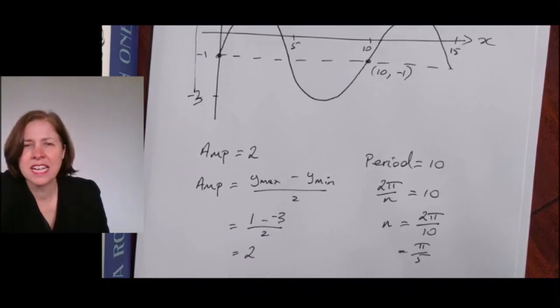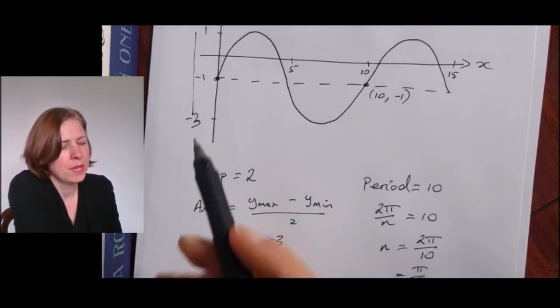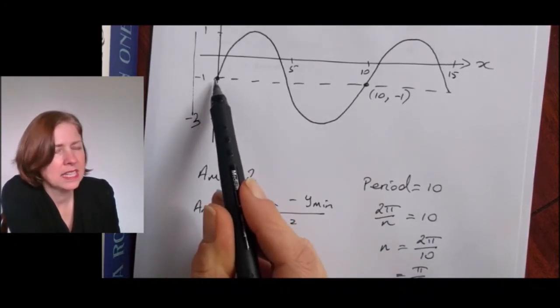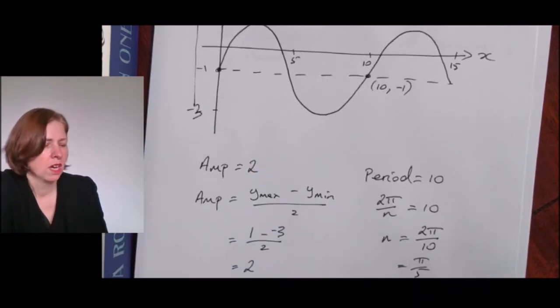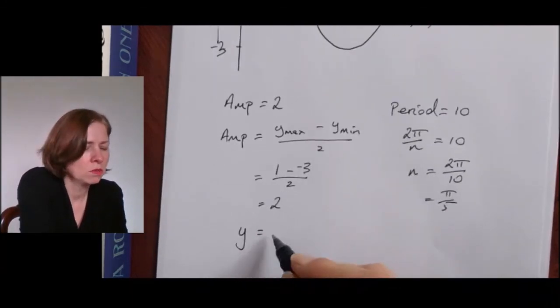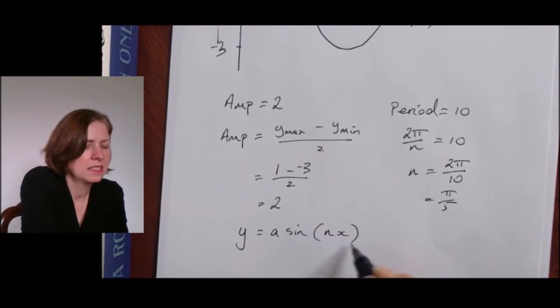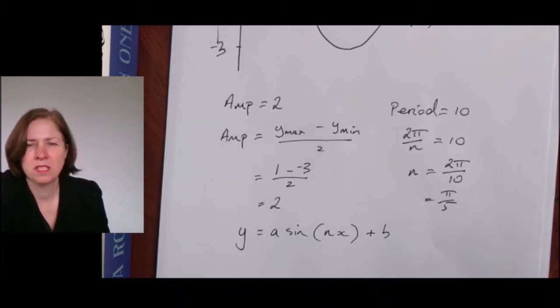The last thing that I need to look at is that I have a vertical translation. And because my center line is marked, I can see that my vertical translation is -1. So I'm now going to use this form of the equation, y = a sin(nx) + b. The b will give me the vertical translation.